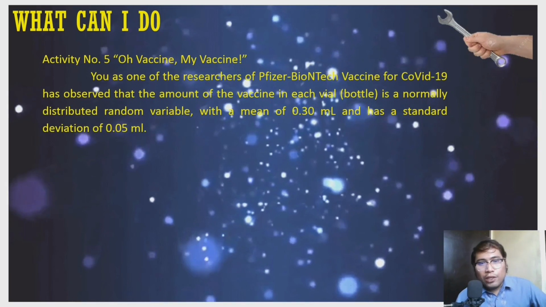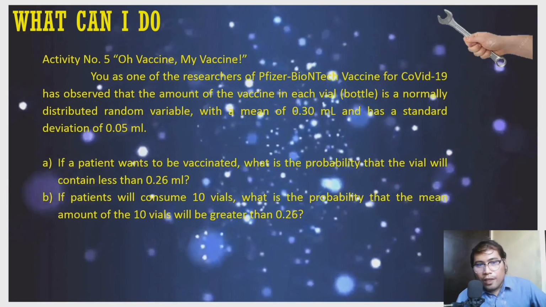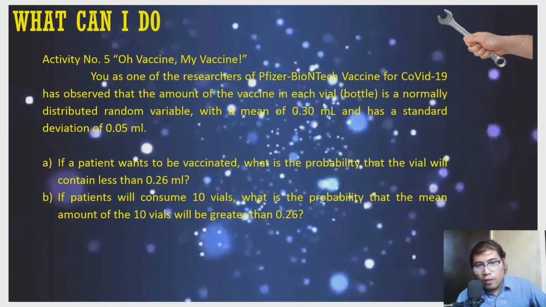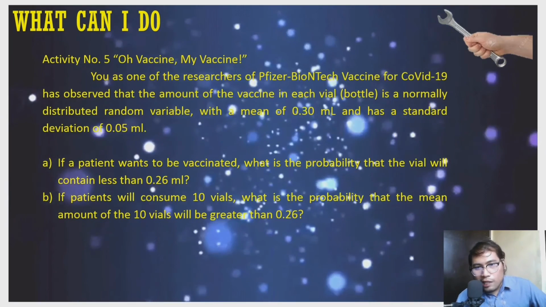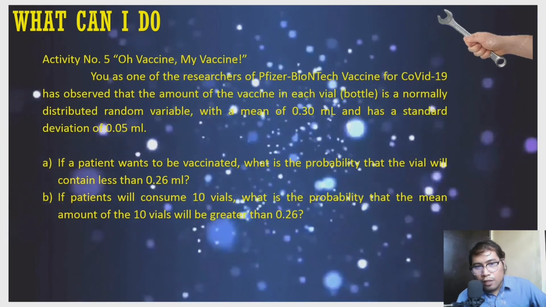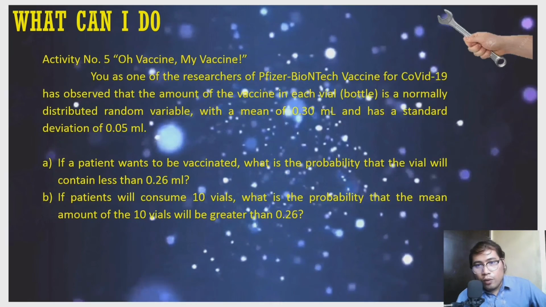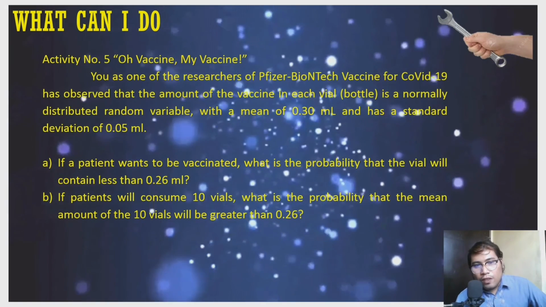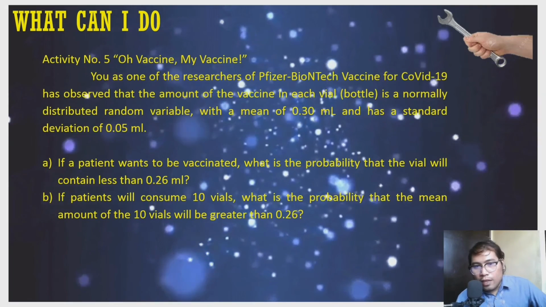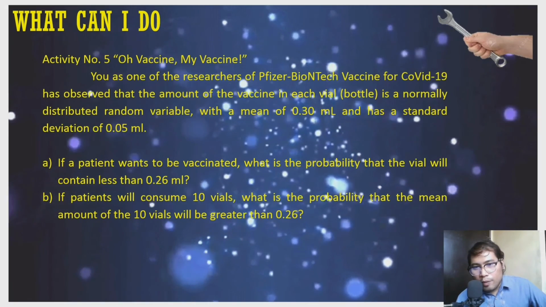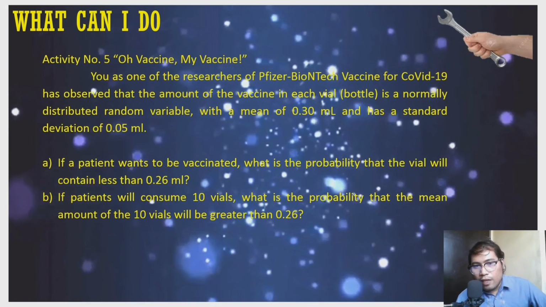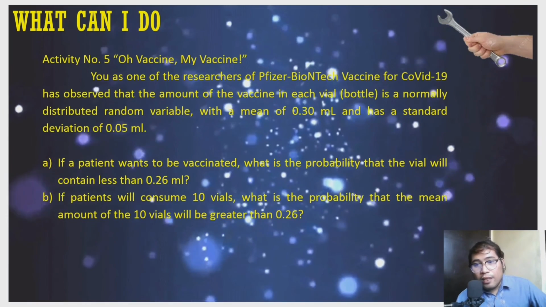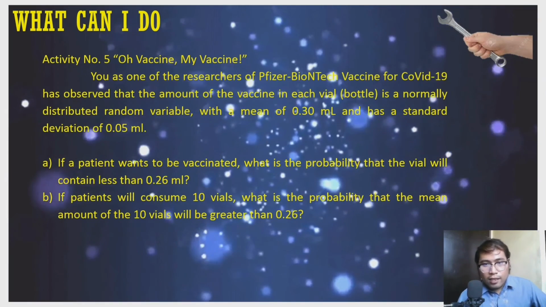So your task here is letter A. If a patient wants to be vaccinated, what is the probability that the vial will contain less than 0.26 ml? Letter B. If the patients will consume 10 vials, what is the probability that the mean amount of the 10 vials will be greater than 0.26?